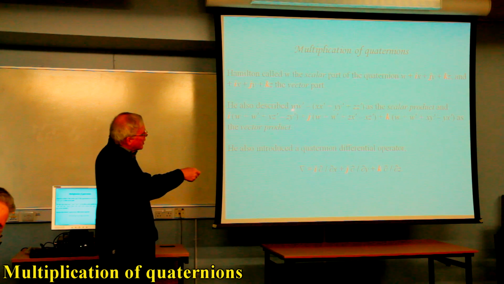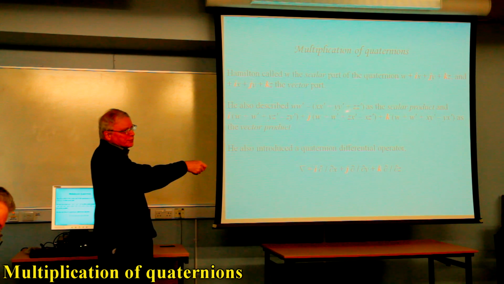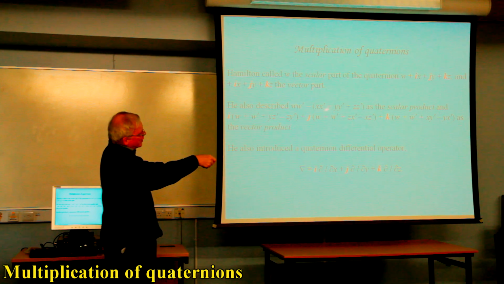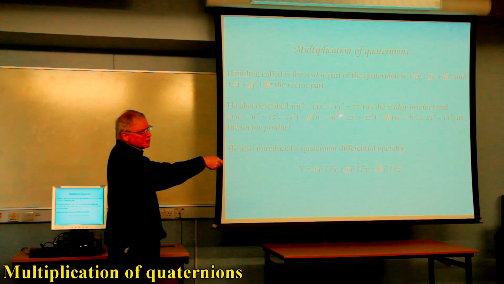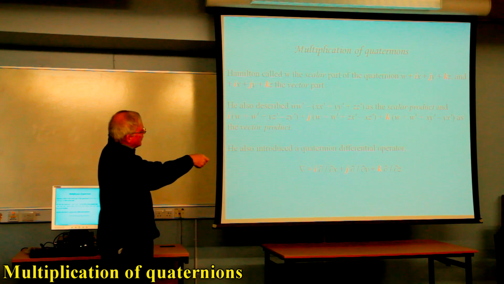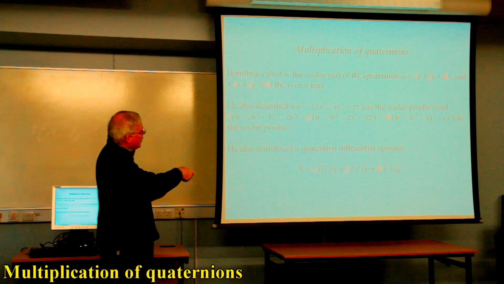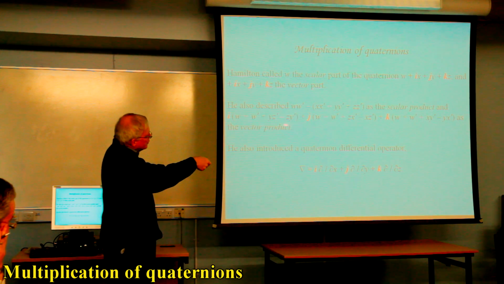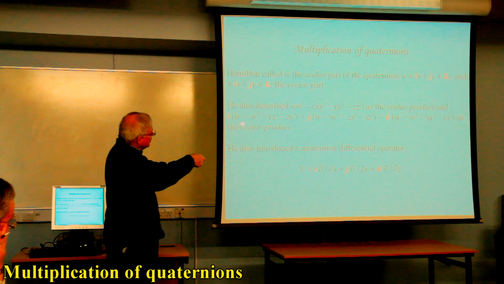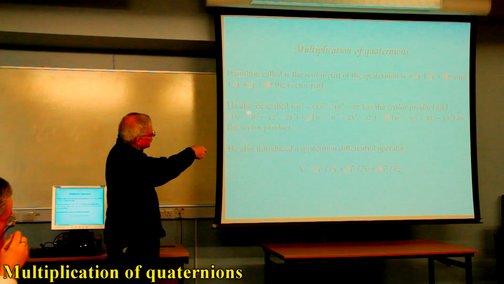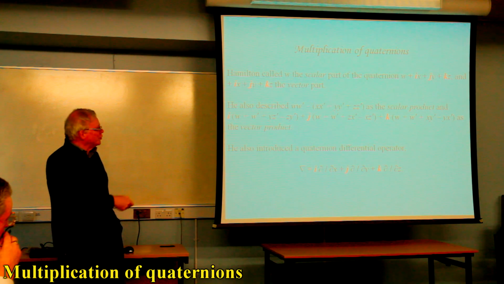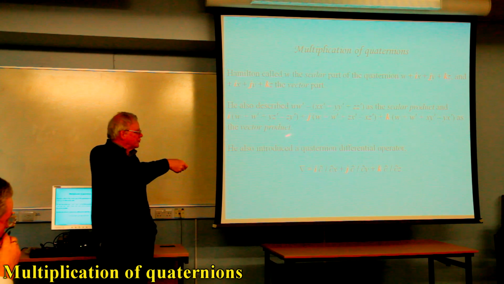And he described this as the scalar product. We recognise this as the scalar product. If we have a scalar product of 2 vectors, it looks like that. And this here, he called the vector product. So this is the vector product of 2 vectors. And this is the product of vector times scalar. So we recognise the rules of vector algebra within this structure.